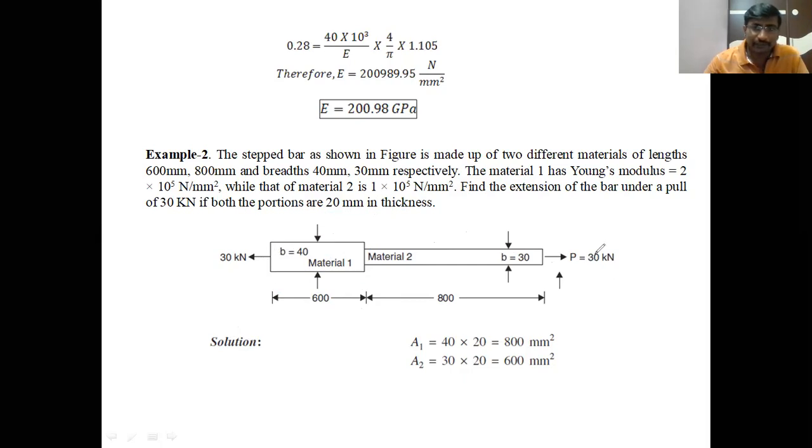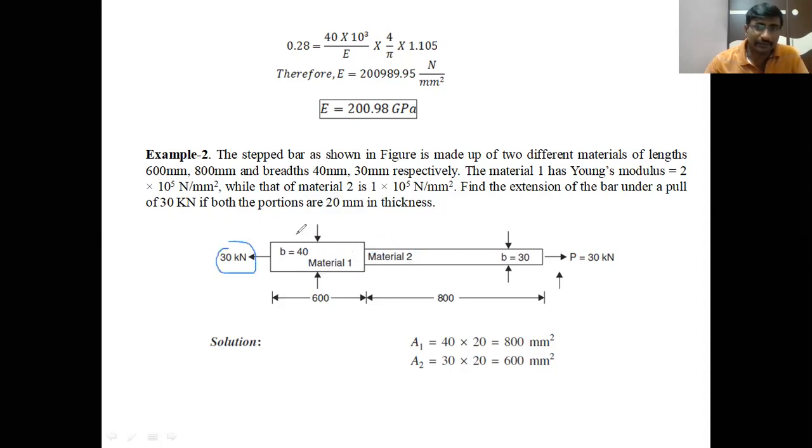Upon application of 30 kilonewtons tensile load on this member, each material is subjected to the same load. When we connect the materials end-to-end, or in series, and apply the load on that member, the load on each member is the same, equal to the applied load. That is 30 kilonewtons.